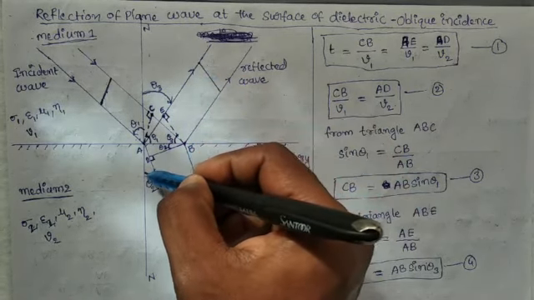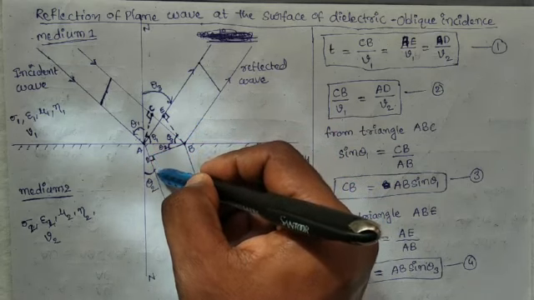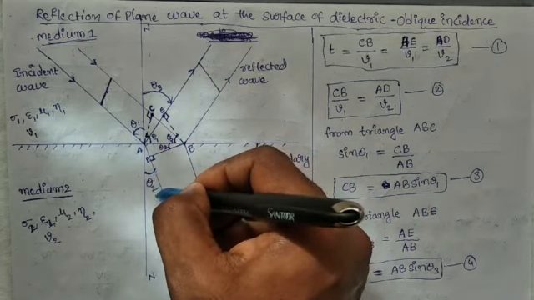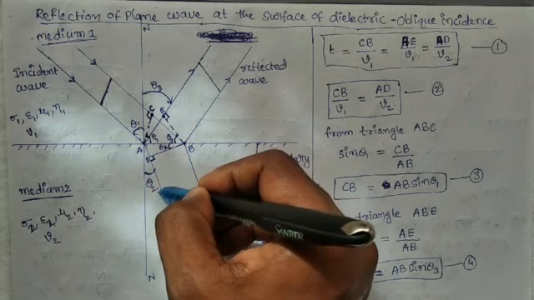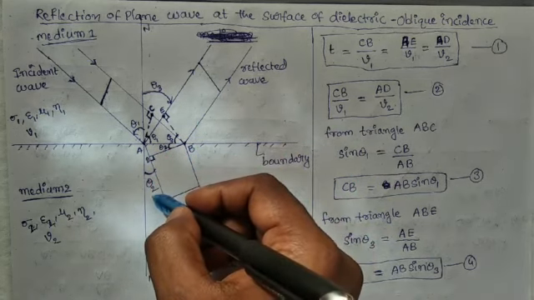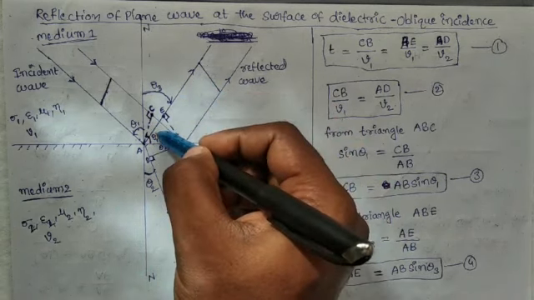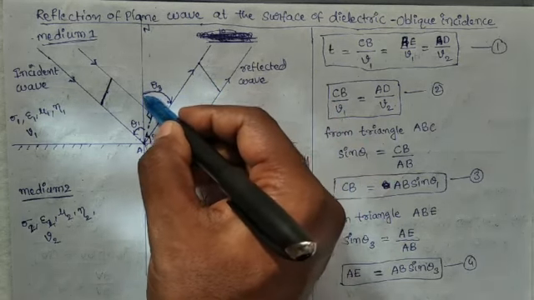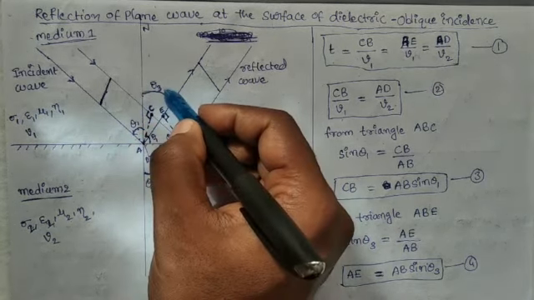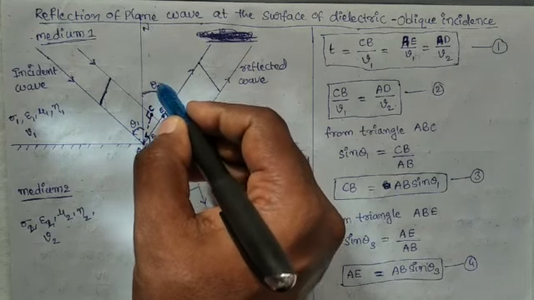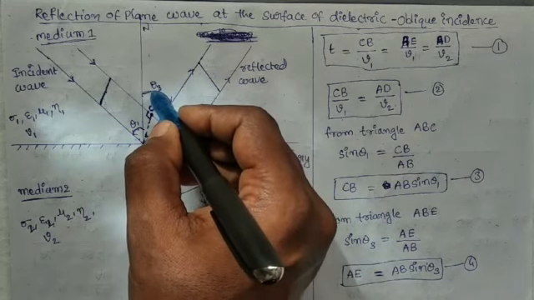The transmitted wave makes an angle with the normal, theta 2. That angle is called the transmission angle. Similarly, the reflected wave also makes an angle with the normal, that angle is theta 3. This angle is called the angle of reflection.